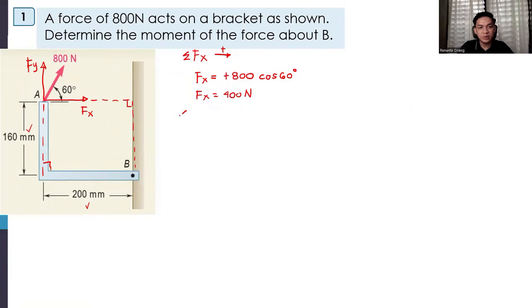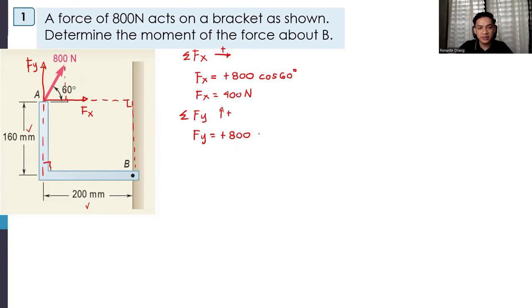So our Fx is equivalent to 400 Newton. Let us proceed with our summation of forces in our y-axis where all upward forces are positive. In this case, isa lang po yung ating force, that is our Fy is equivalent to our force 800 Newton is going upward. So this is positive 800. And then yung Fy po natin is the opposite side of our angle 60.